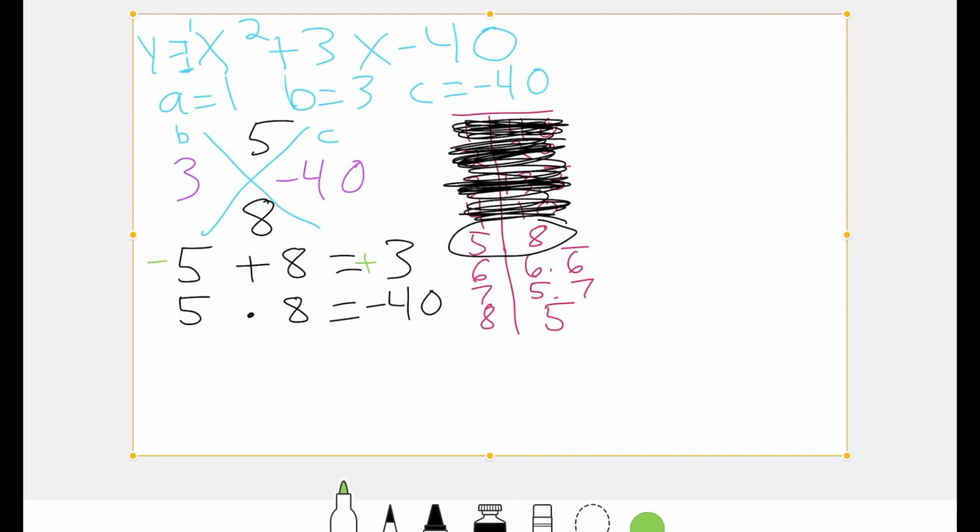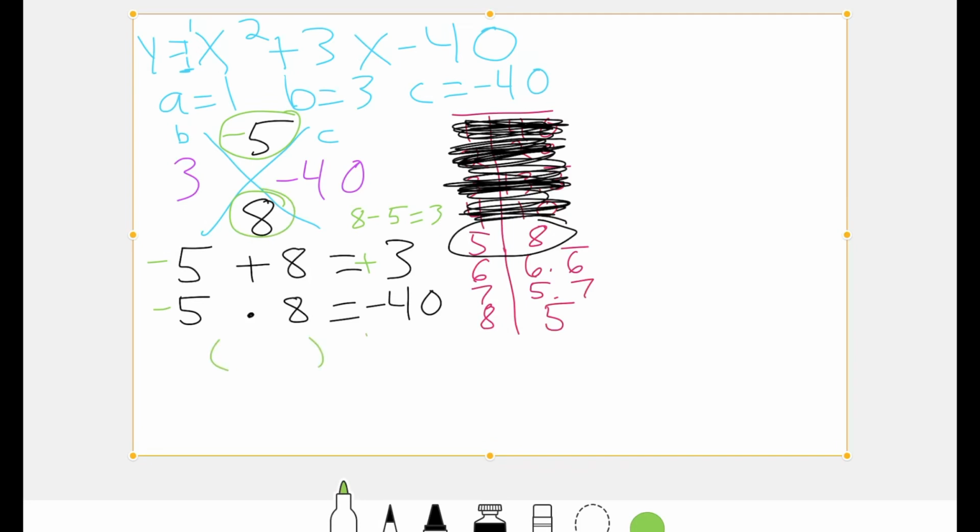So negative 5 plus 8 makes sense. If it helped you, you can rewrite it. 8 minus 5 does give us positive 3. So if the 5's negative in the addition, 5's negative in the multiplication, negative 5 times positive 8 does give us negative 40. So our magic numbers are negative 5 and positive 8.